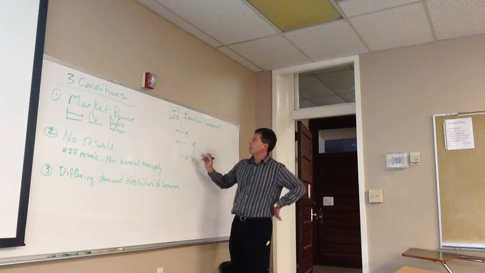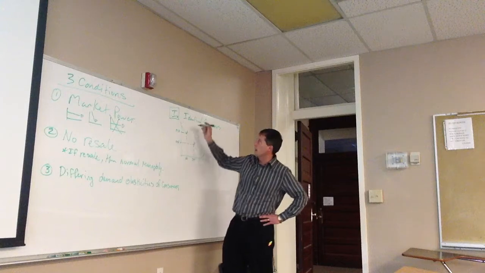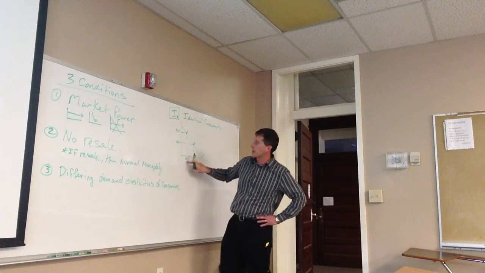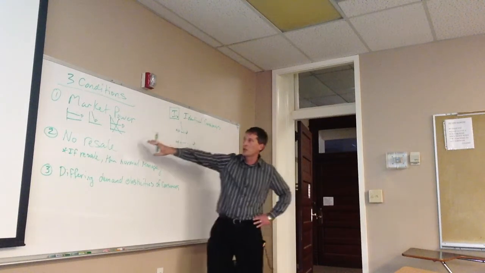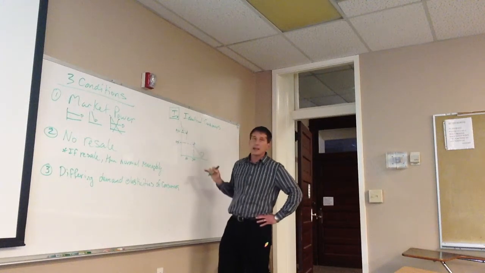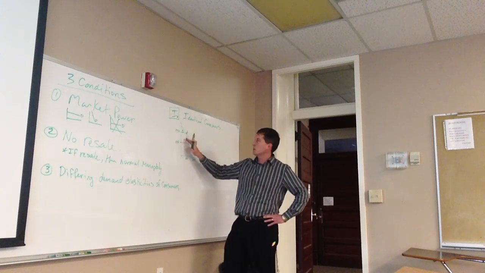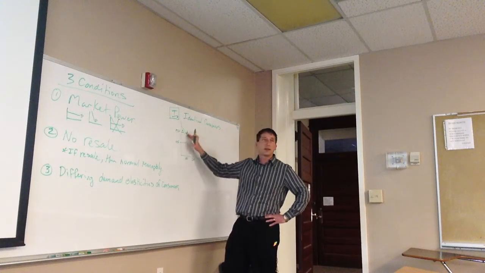So imagine, I won't do all the details, your textbook does a good job of that, but imagine that if the profit maximizing quantity was 100 under the traditional monopoly situation, then area A would be right here. And our surplus area would be here.